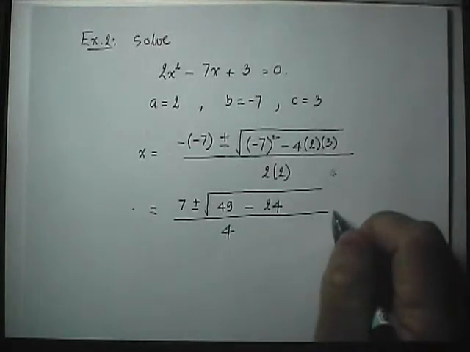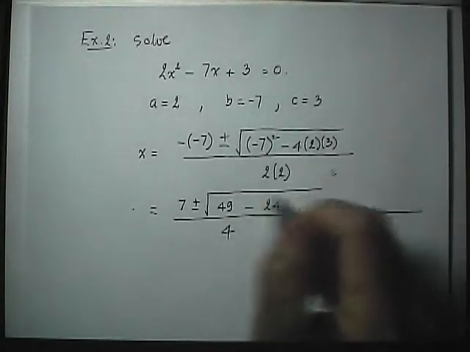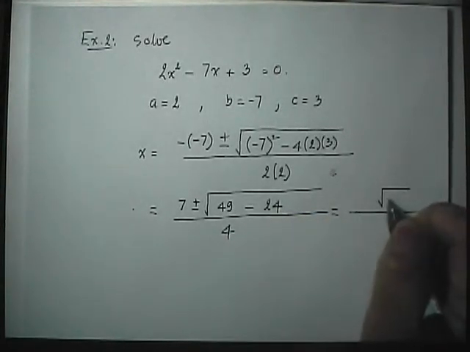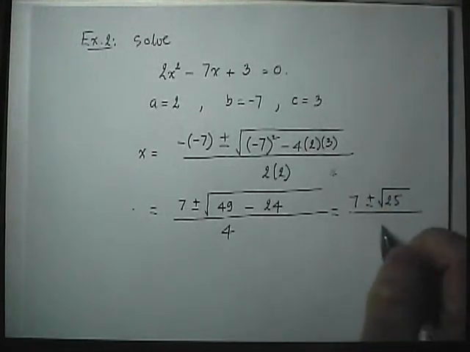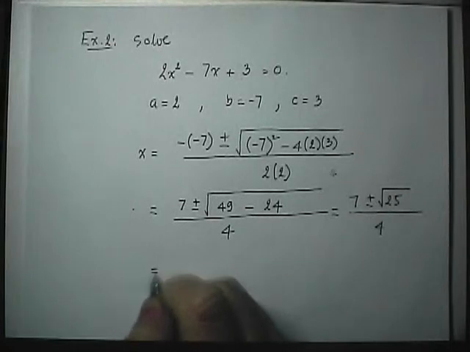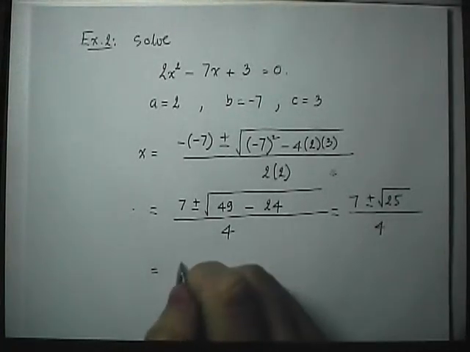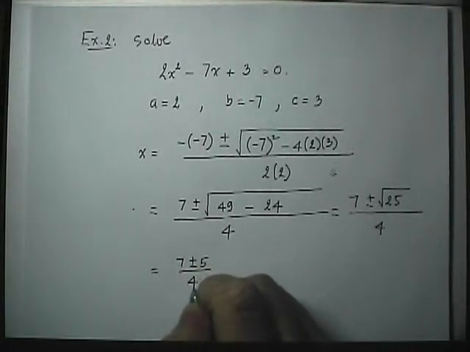Going one more step, the portion underneath the square root is the square root of 25, because 49 minus 24 is 25. Here's a plus and minus, and here we have 7, divided by 4. Now the square root of 25 is 5, so I have 7 plus and minus 5 divided by 4.